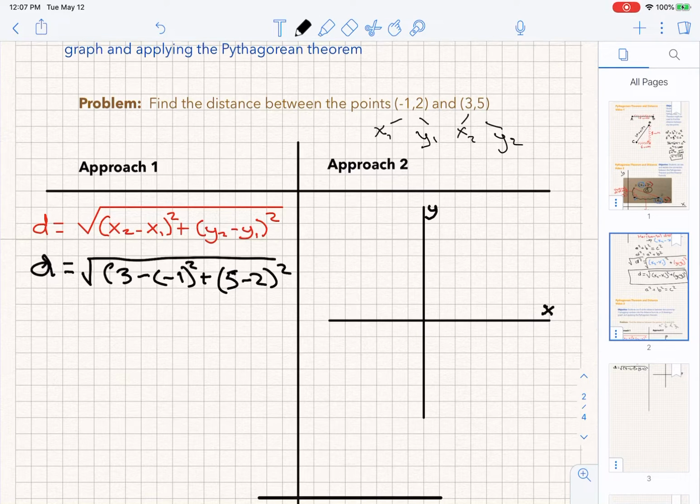Okay, and then we solve what's inside the parentheses, and so 3 minus -1, as you'll recall from our work with integers in the 7th grade, is going to be 4. So this is 4 squared plus 5 minus 2 is 3, so that's 3 squared.